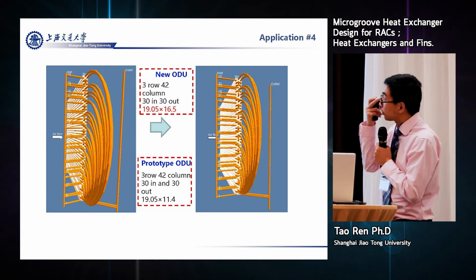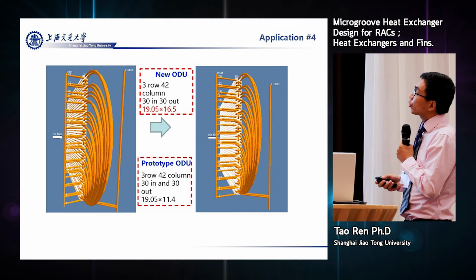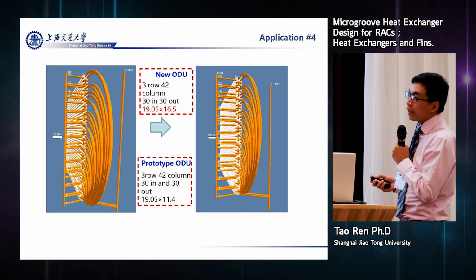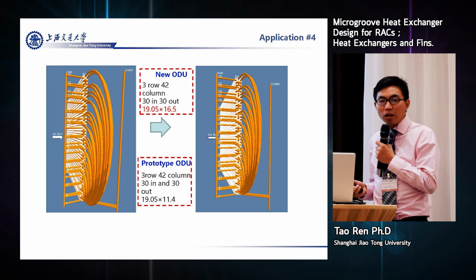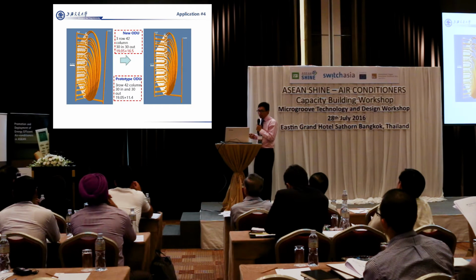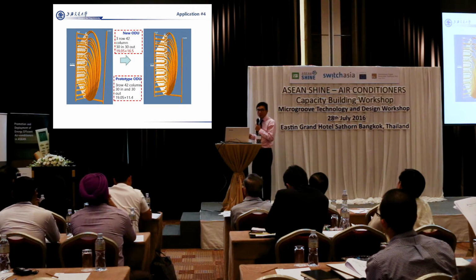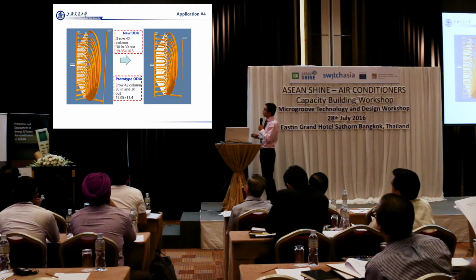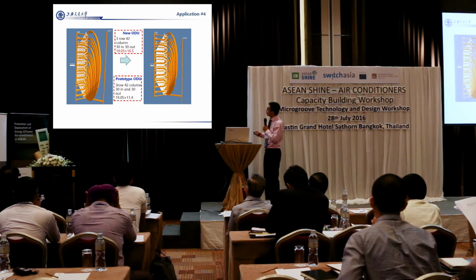This is another case. It's for a commercial outdoor unit. We are trying to make the 5 millimeter heat exchanger replace the 7 millimeter one. This heat exchanger is a little bit larger than the previous ones.